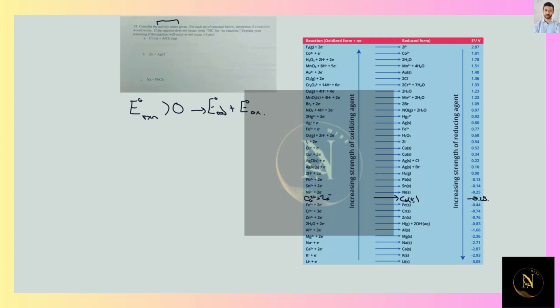So for the first reaction that we're going to have at hand, reaction A, we're going to have that cobalt as a solid and aluminum 3 plus in aqueous medium are going to be the species that we're going to have in solution. What we want to happen is that cobalt is going to oxidize into cobalt 2 plus, and aluminum is going to reduce into aluminum 0 as a solid.